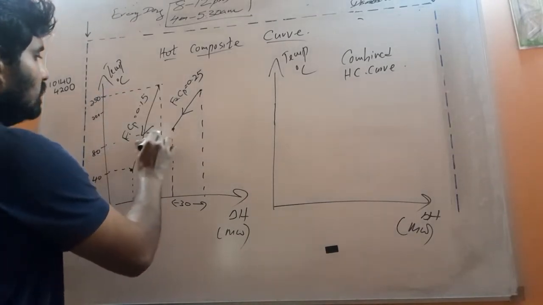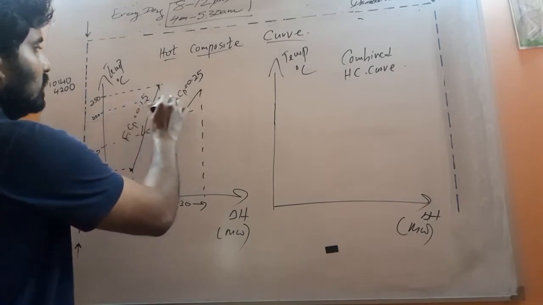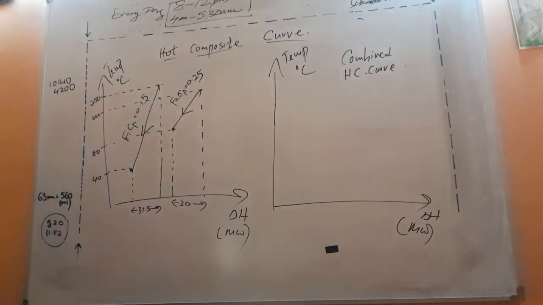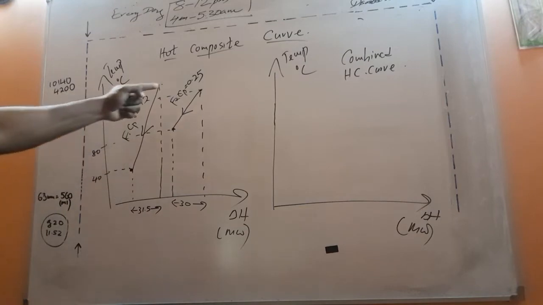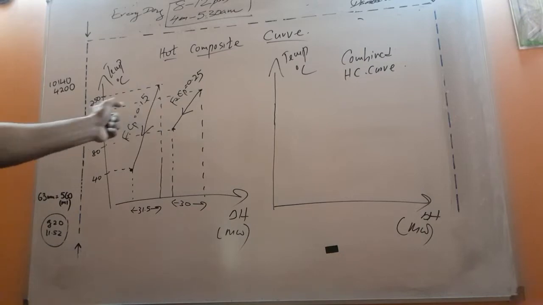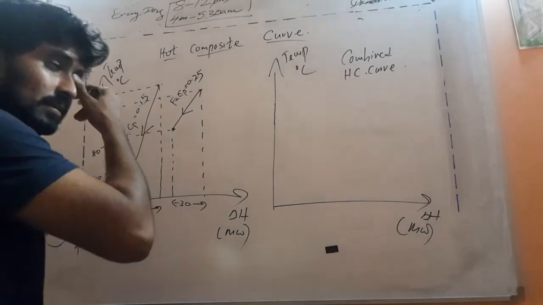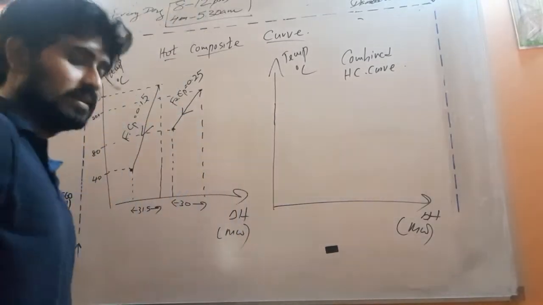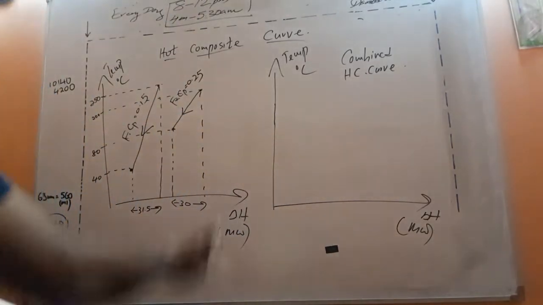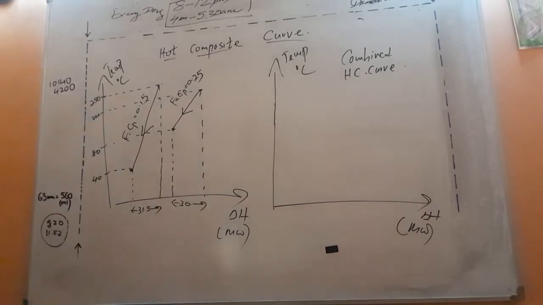This is 200, right? I waited to sketch this connecting dotted line, because if I sketched it at the very beginning, the diagram would get complicated. So now you can understand the hot composite curve.